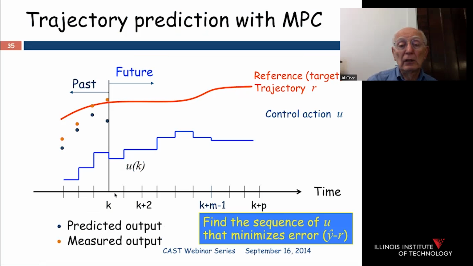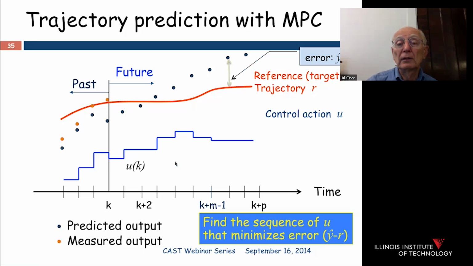This is just a 30-second refresher for model predictive control based on the future values of the insulin infusion rates. One can predict using the model the future glucose values and look at the errors.